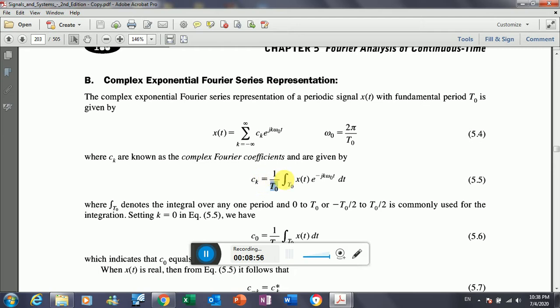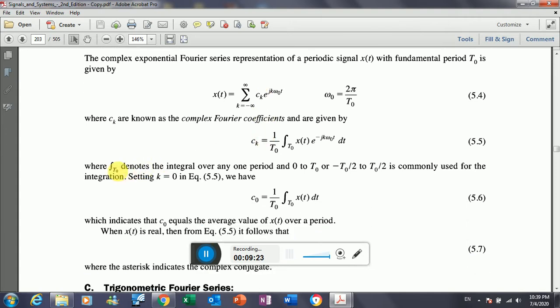So the observation we can make from this equation is that x of t is a continuous signal, which we have integrated over one period, right? While C of k are discrete time complex Fourier series coefficients, right?